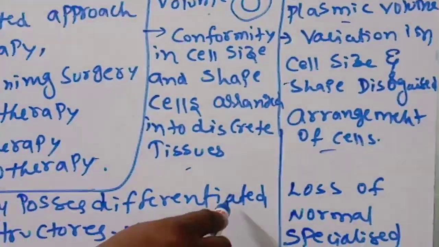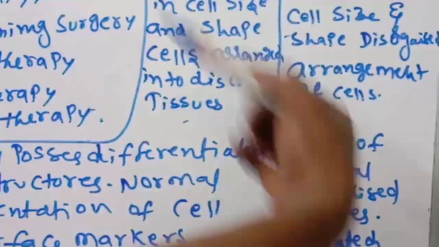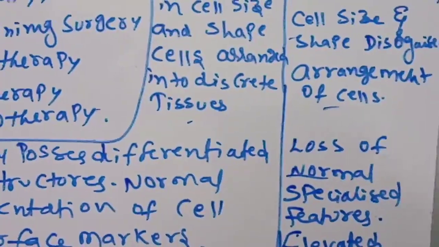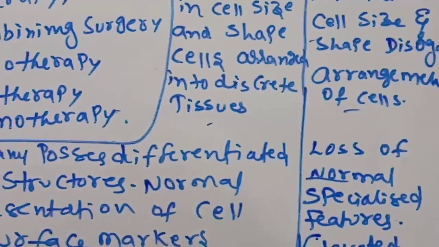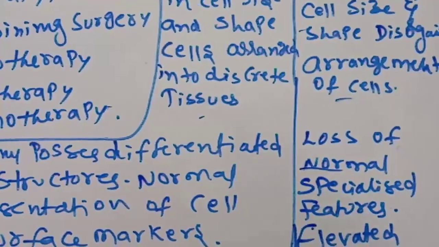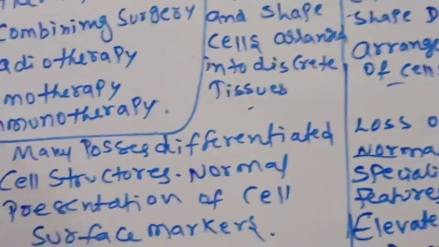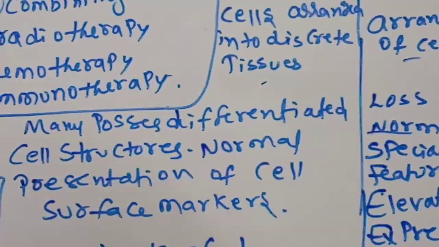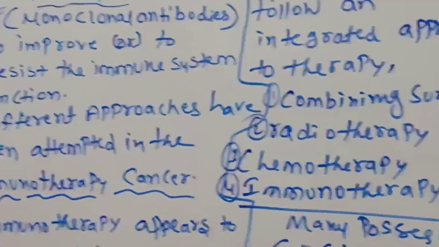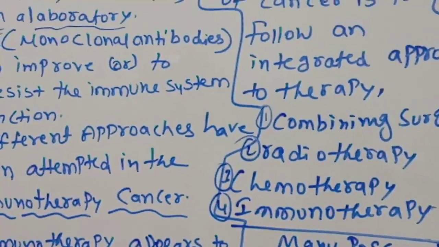There is loss of normal specialized features, elevated expression of certain cell markers, poorly defined tumor boundaries, and a large number of dividing cells. Okay children, like that there are differences between the normal cell and the cancer cell.